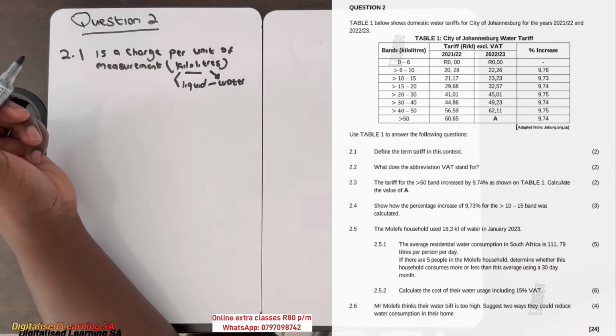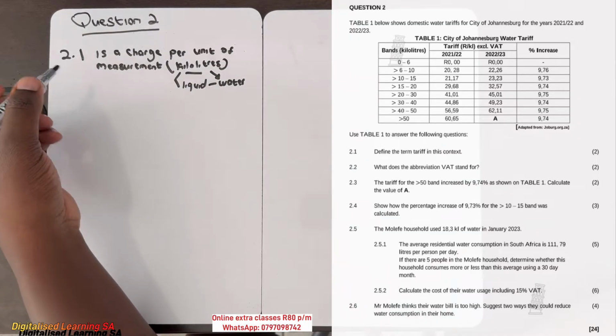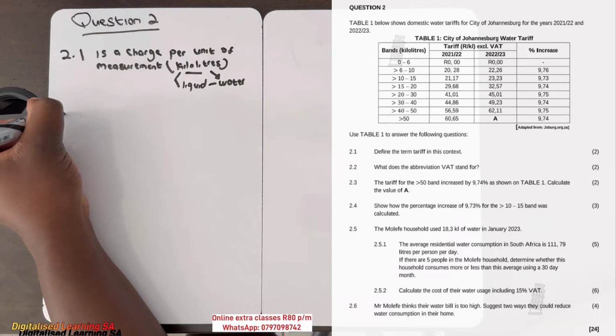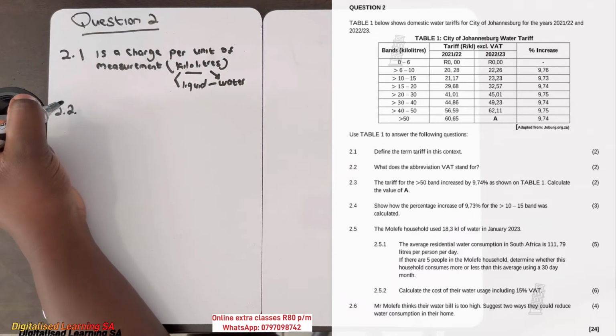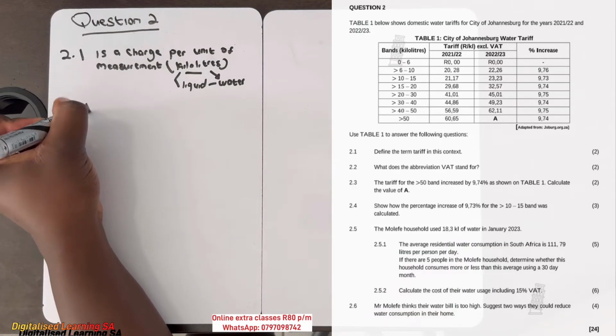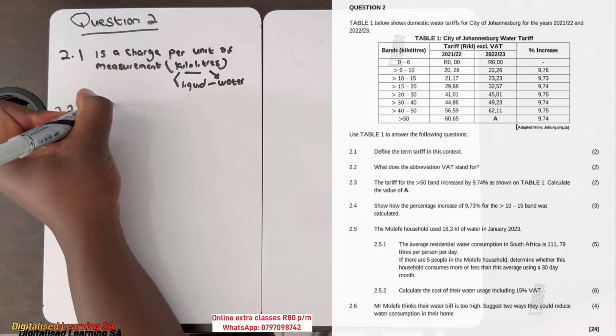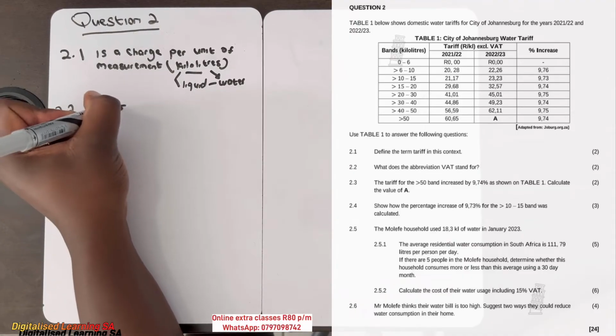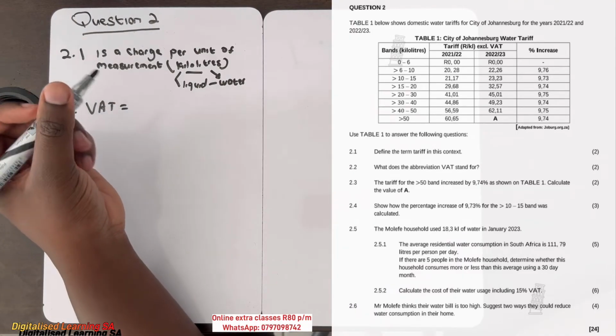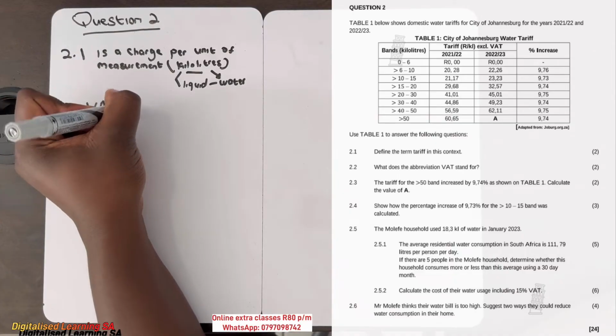So now let's move to question 2.2. It reads as follows. What does the abbreviation VAT stand for? This one is easy, guys. I'm sure you all know it by now. If you don't know it, VAT stands for value added tax.